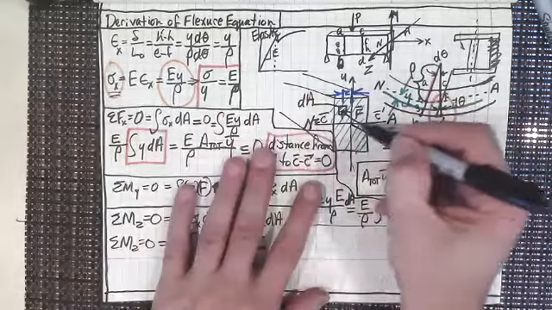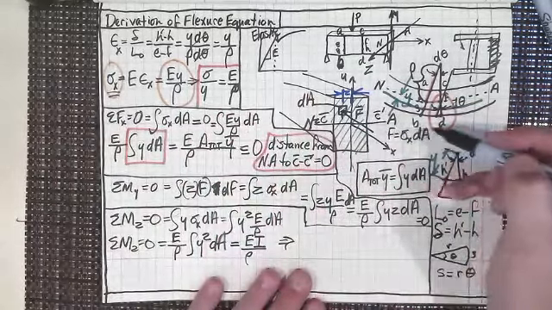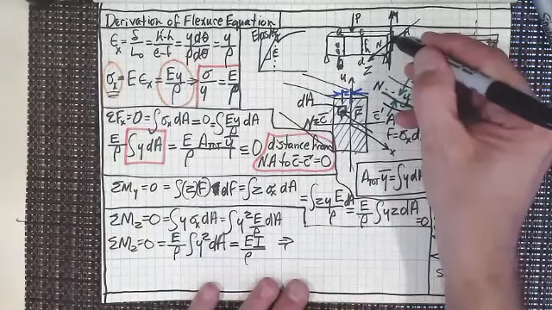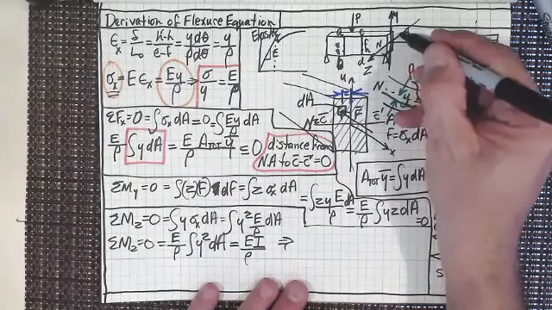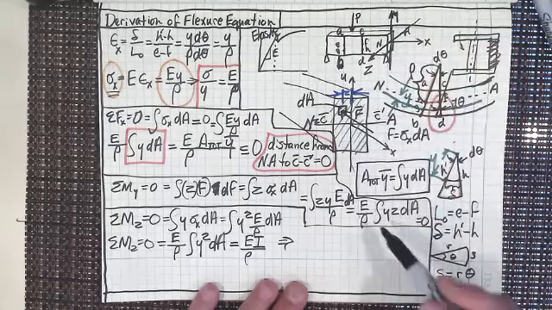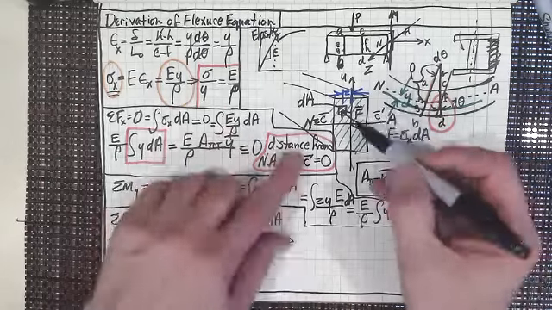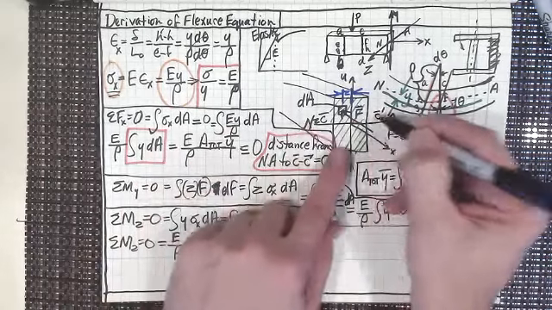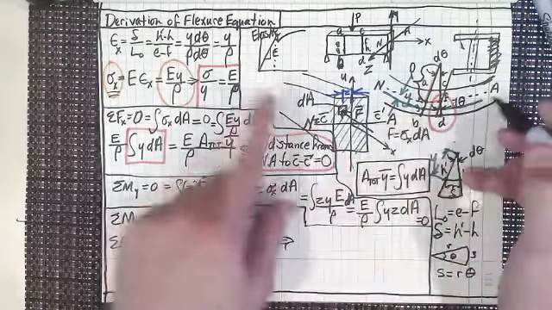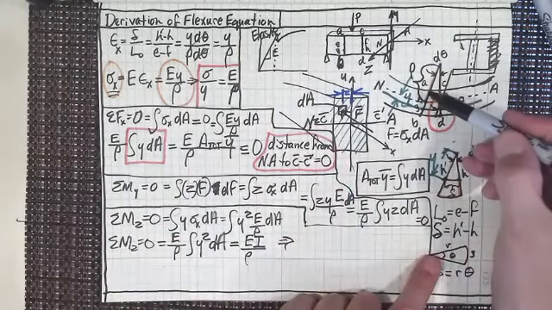All right, now, this is my z-axis. Since the z-axis is the centroidal axis, we're going to have just as much compressive force above this as tensile force below it, right? Because we're squeezing in the top.